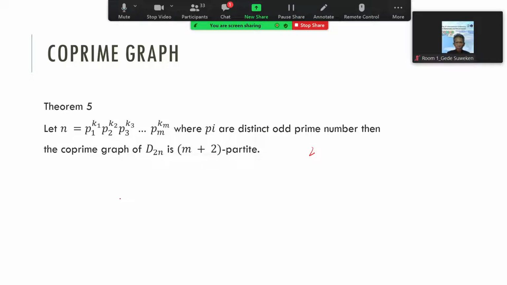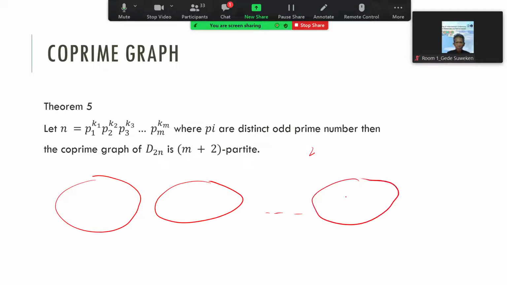The first partition is all elements with order p1, and the second partition is all the elements of order p2 or p2 to the power of something, and so on until the last, the vertices that have order pm or pm to the power of something.